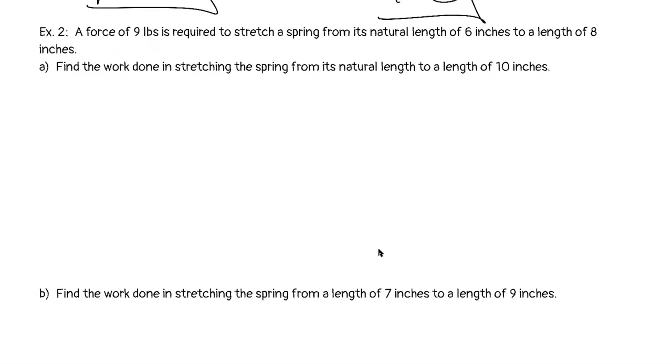So let's set up our integrals. But before we do that, let's find our spring constant, because we're going to need that for parts A and B. So find k.